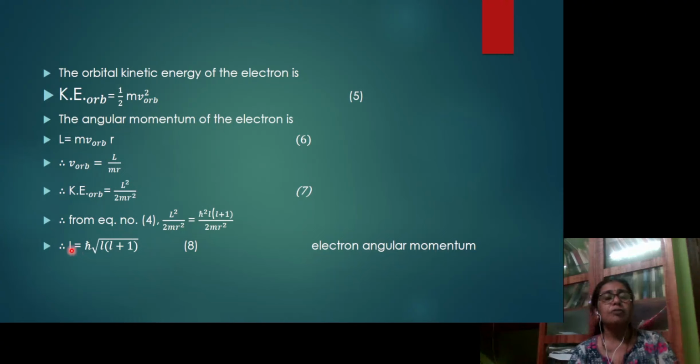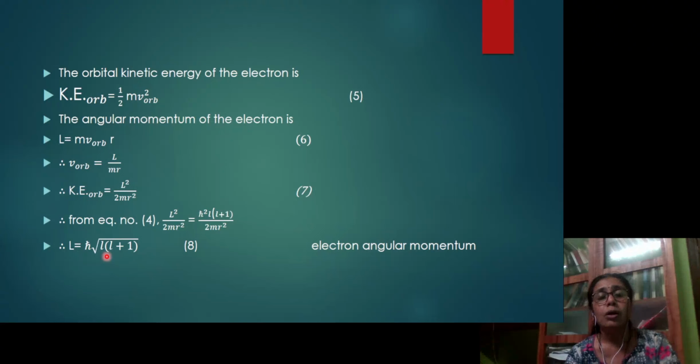So from this equation we can see that the orbital angular momentum of the electron is quantized and its quantization is determined by this quantum number L. So therefore this quantum number is called the orbital quantum number.